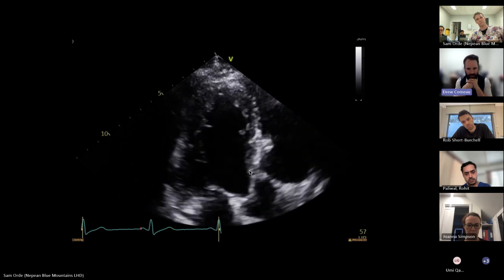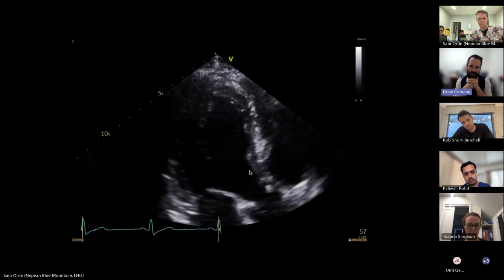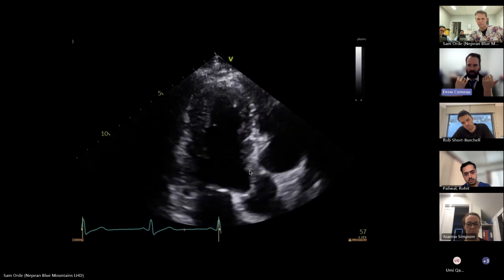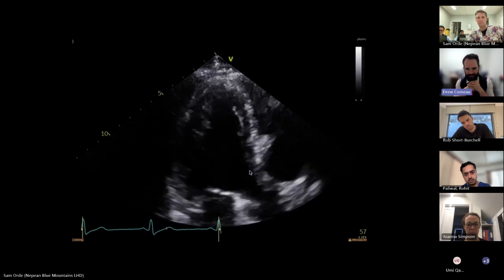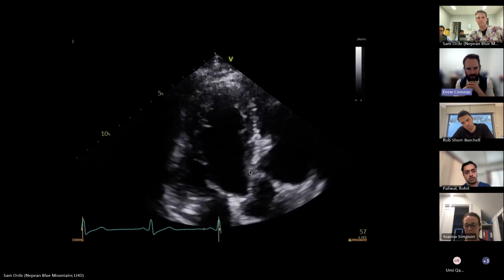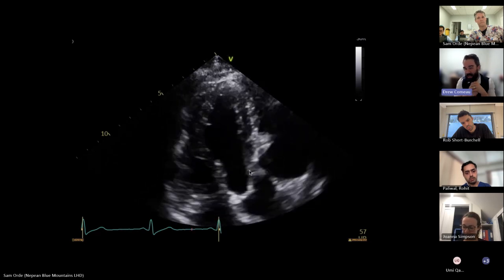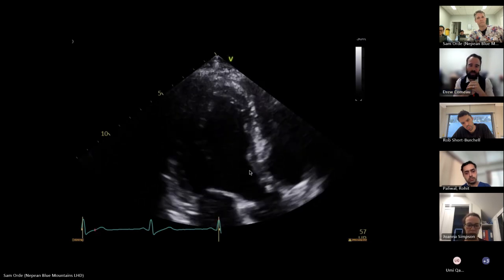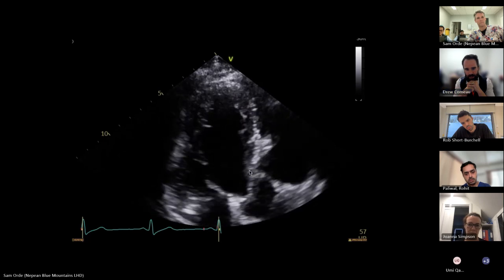Yeah, so again, it's the basal inferior lateral region. So I think it's a posterior descending artery territory, regional coronary artery distribution. I think it's probably more RCA territory. Yeah. Nice.